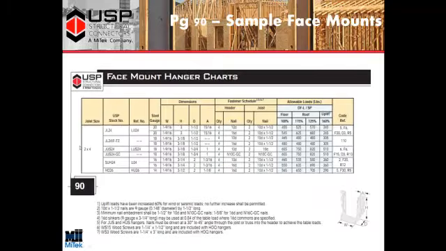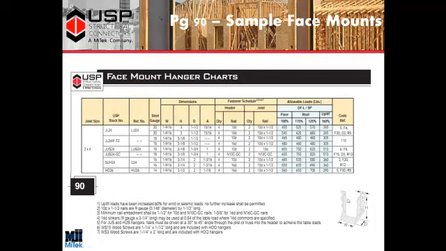The first column is just the joist size. That's obviously what is going to go into it. This is our product number. This is the reference number. The thickness of the steel. Now, these dimensions, W, H, D, and A, refer to the product, not to the wood or the member that's going into the hanger.